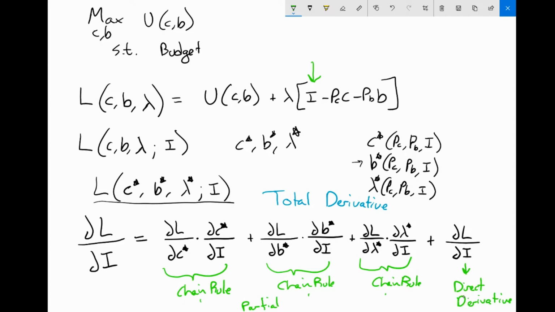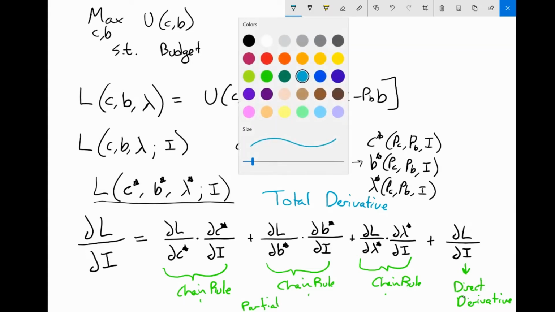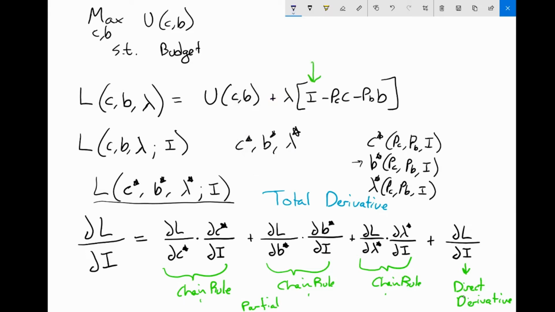Okay. Now if you remember from our discussion of the envelope theorem, the envelope theorem says that the derivative of a function at its maximum with respect to a parameter is just equal to the direct derivative. I'm going to put a star down here to symbolize that that is at the optimum.